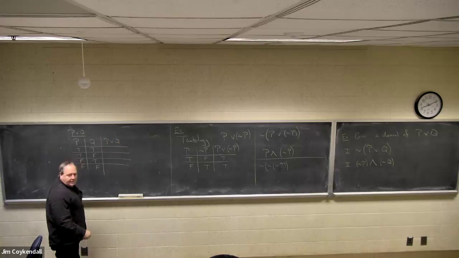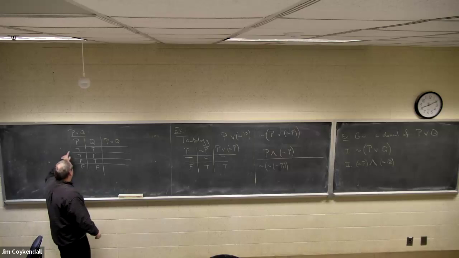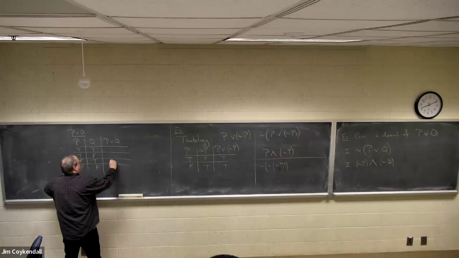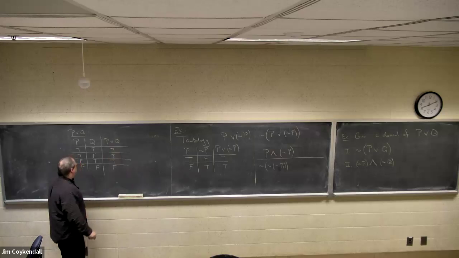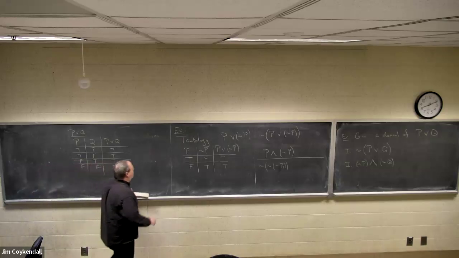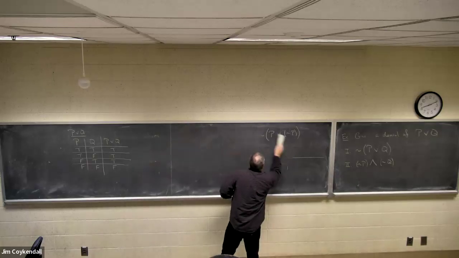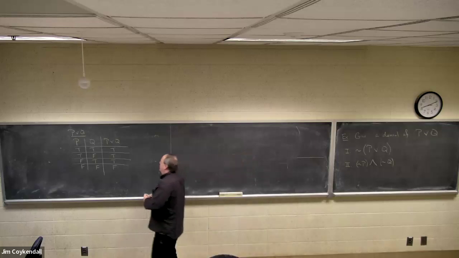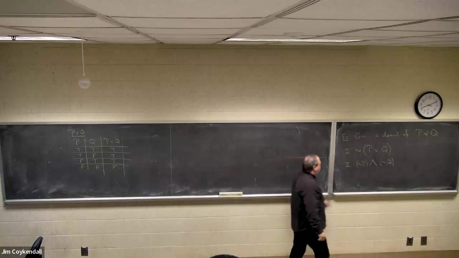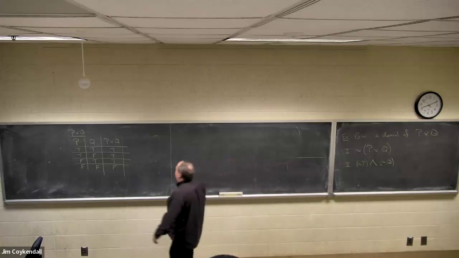Remember, for the or, I only need one of them to be true, so the only way that this is false is if it's a double false. Let me just add a column to this, because certainly my first example has got to be true: it's the negation of this.